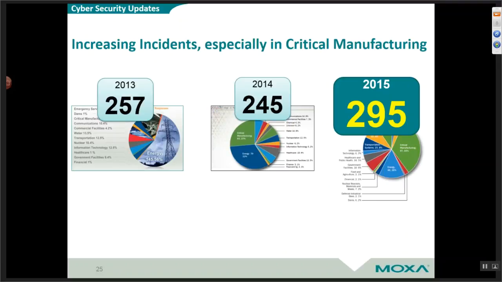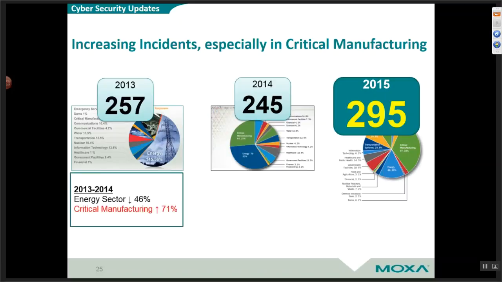In 2014, there were slightly fewer, 245, but you can see a trend: energy decreased to 32%, and critical manufacturing, where I think a lot of us live, bumped up to 27%. Then in 2015, the number of incidents increased to 295, but what's most startling is that critical manufacturing is now the largest portion of those incidents. A little bit scary, and definitely something we want to keep in mind.